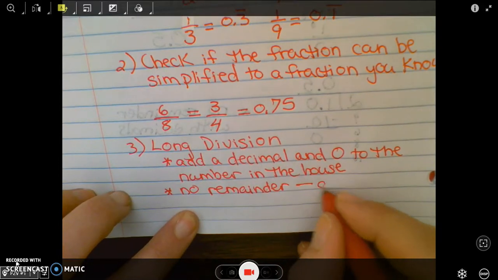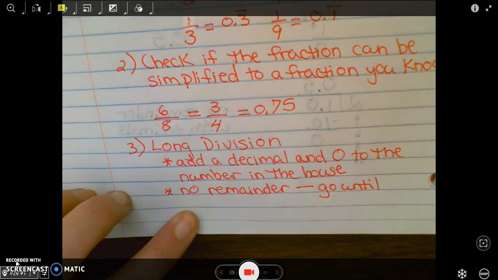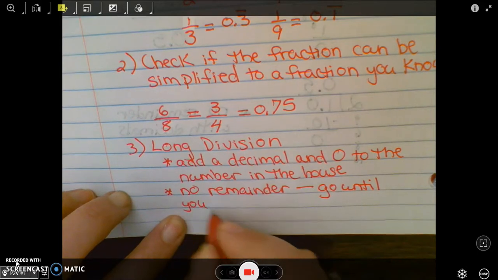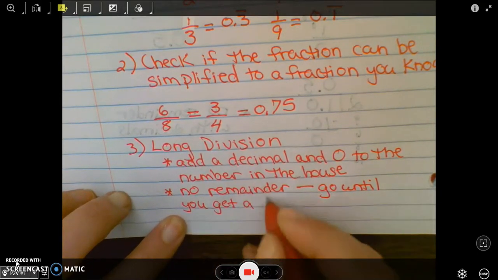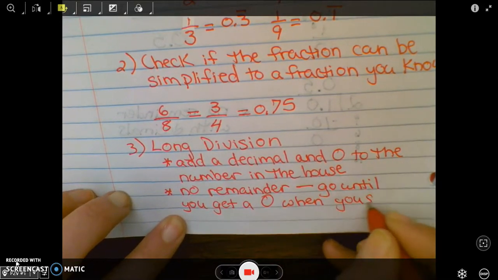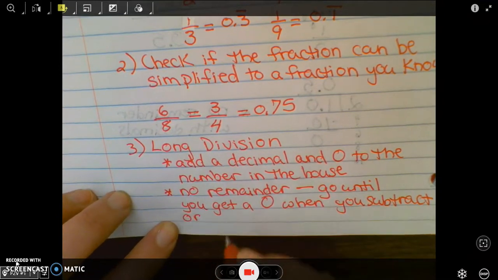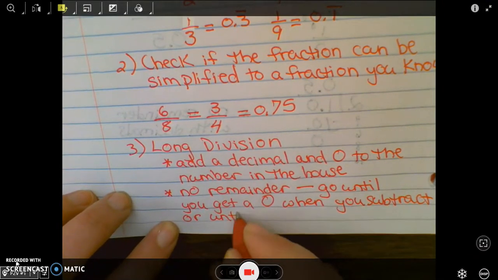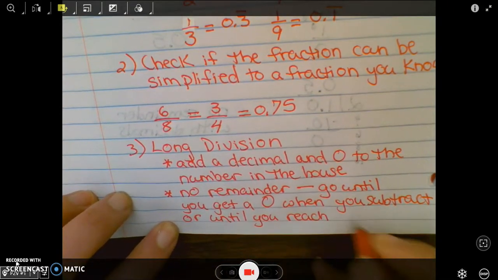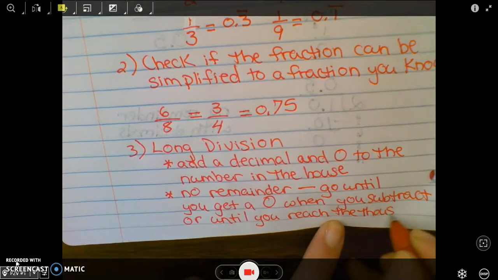You would keep going until you get a 0 when you subtract as you're solving, or until you reach the thousandths place.